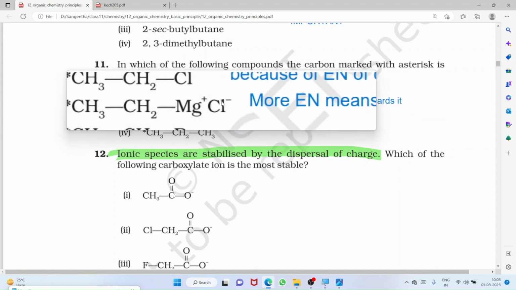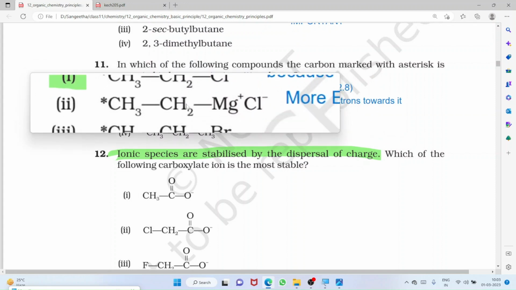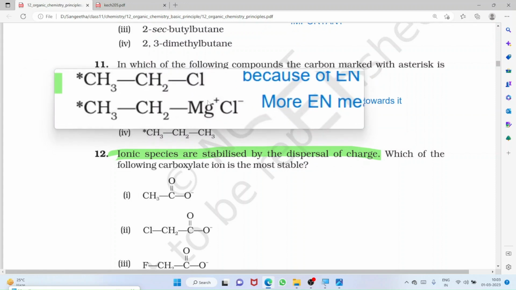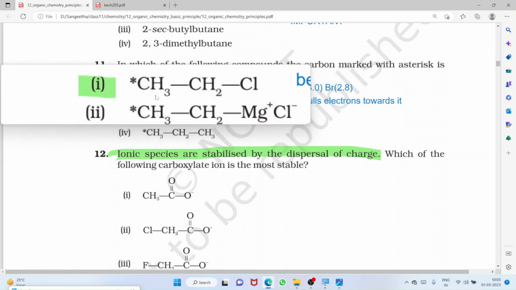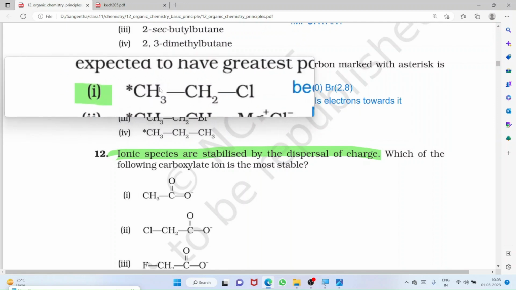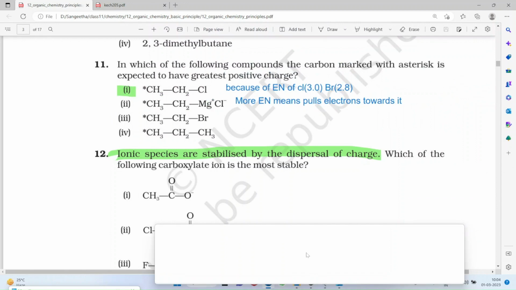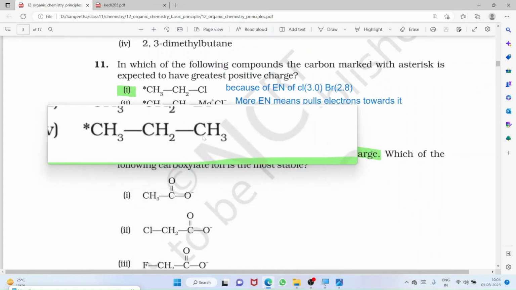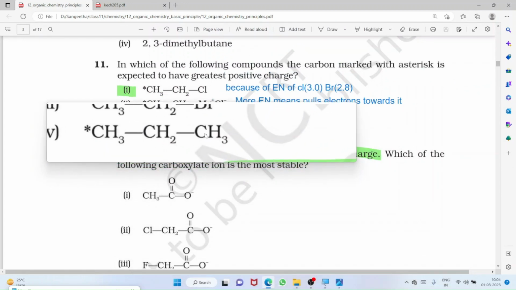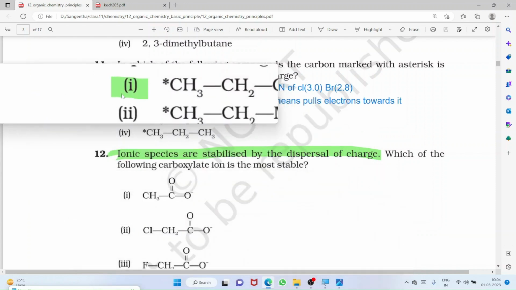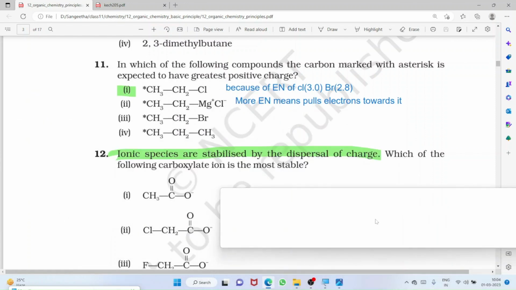Here also chlorine is present, but some positive charge will be supplied by this group, so this will have less charge than this. This will have more positive charge, because the more electronegative atom pulls electrons towards it. Here this is an electron donating group, so it will not pull the electron. So this is the answer, the first one.